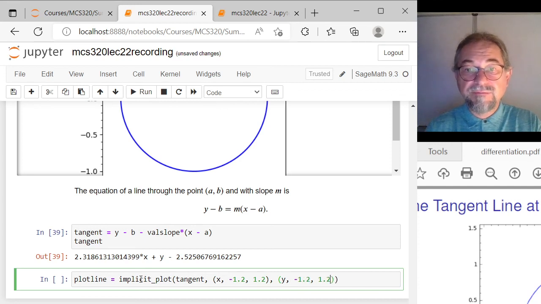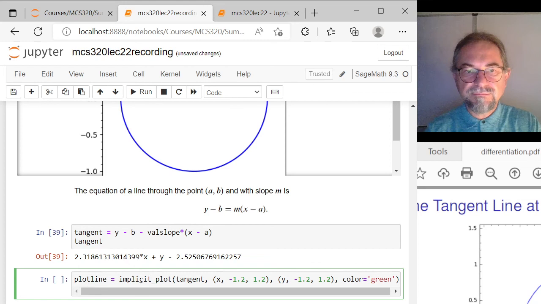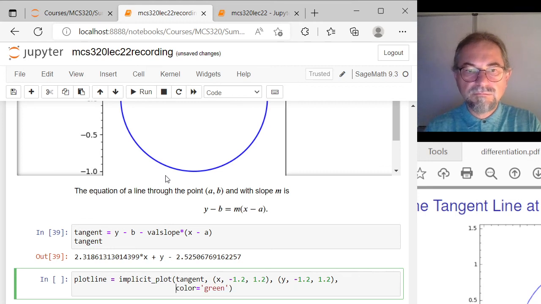A line is a very special curve, and I will use green for the tangent line. Now, the final plot is obtained by adding the plot of the circle, the plot of the point, and the plot of the line.